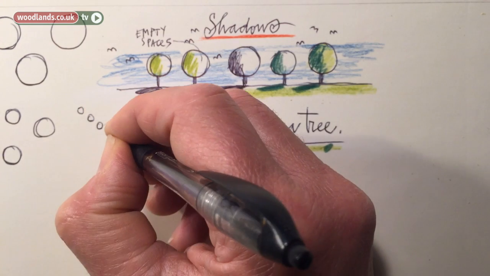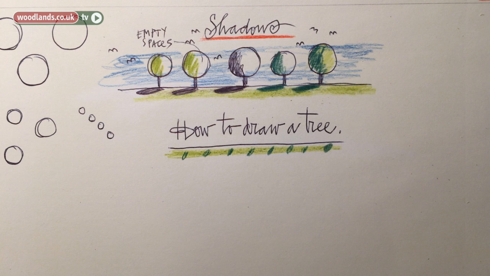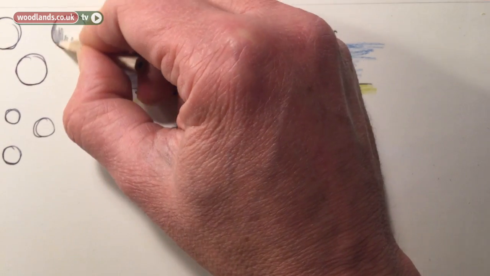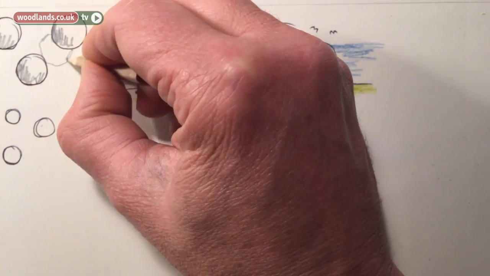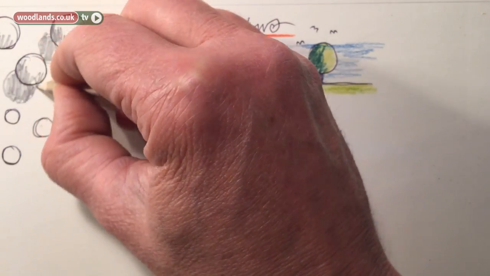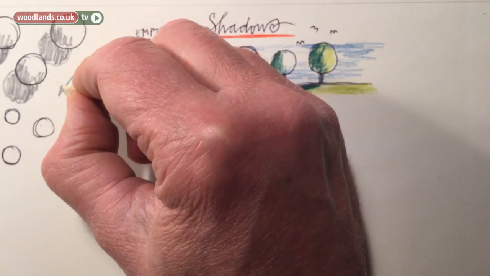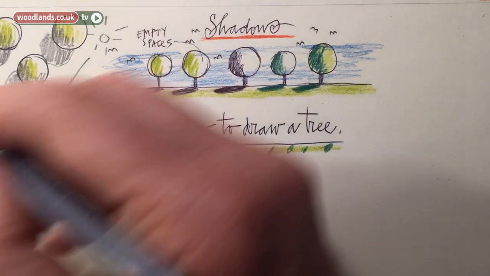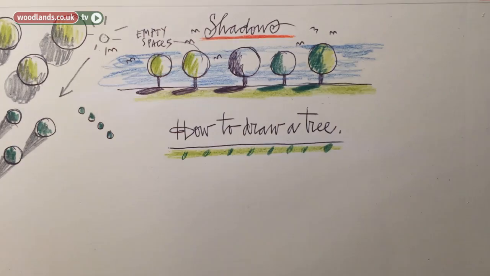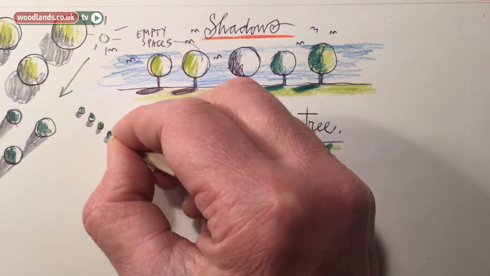Here we have some other circles. In this case, the point of view is from above, like in a map. And by adding shadows, you can understand what kind of object we have on the ground. What kind of tree, for example, an oak or a fir or bushes or cypresses.